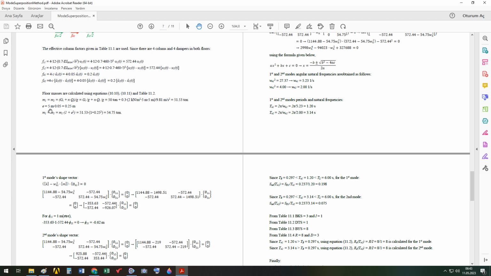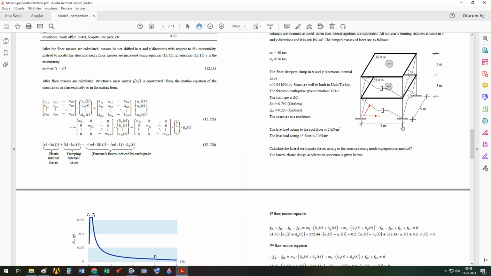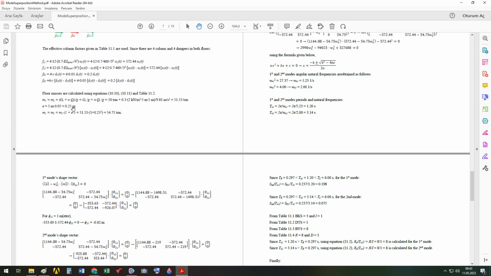And then the eccentricity is here, 5% of this length or this length, they are equal to each other. And then a second increasing of lump masses is done by means of this formula, and the lump masses which I will use in the calculation are so much.